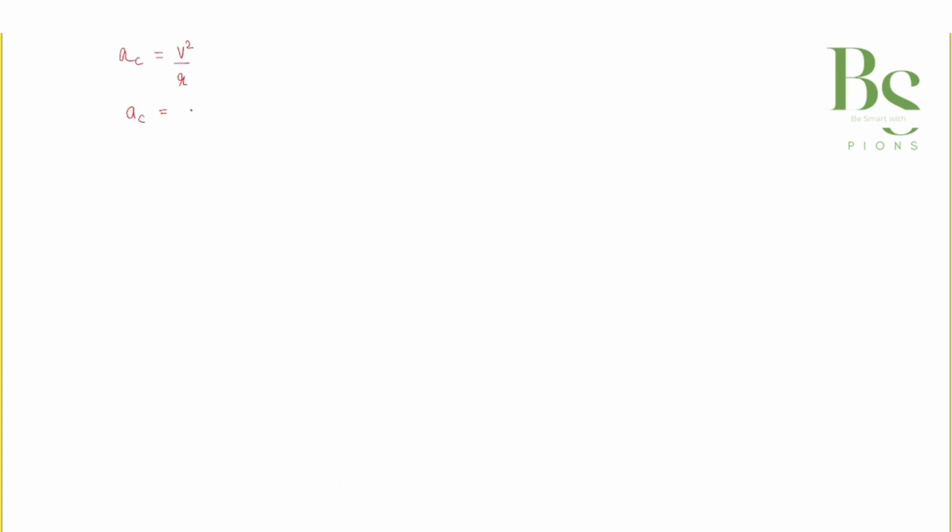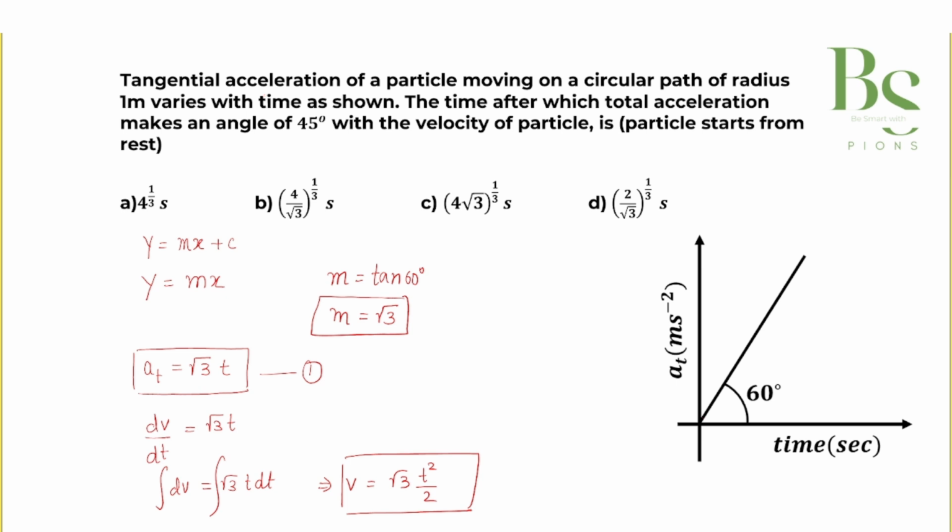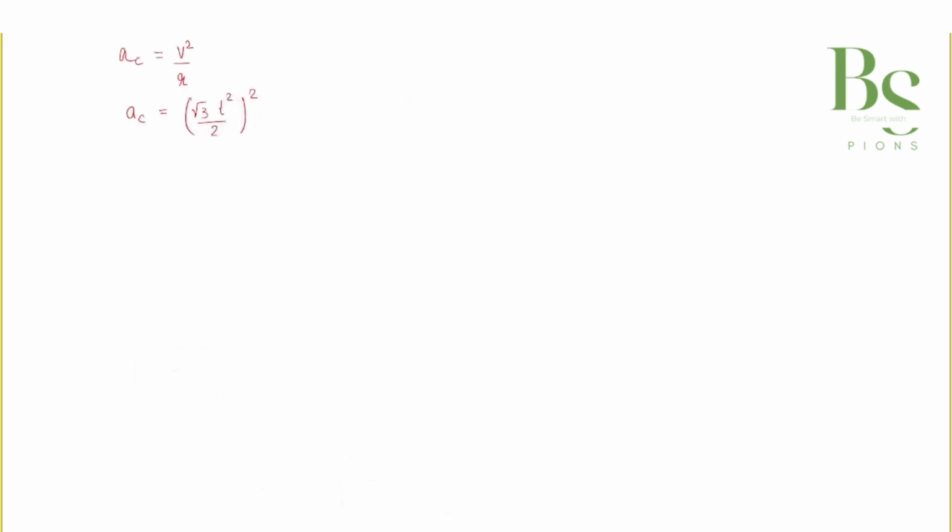So, root 3 t square by 2 whole square. This is our velocity. And what is our r? If you read the question carefully, the radius is 1 meter as per the question. So, if the radius is 1 meter, then let's substitute the value of r as 1 in this. AC will be equal to 3 t to the power 4 by 4.